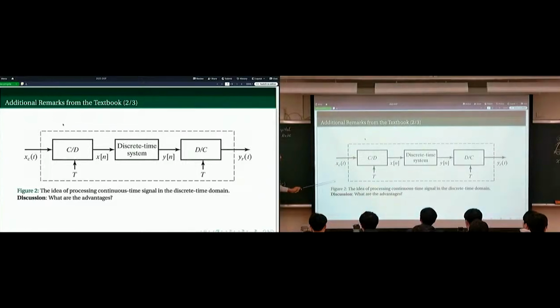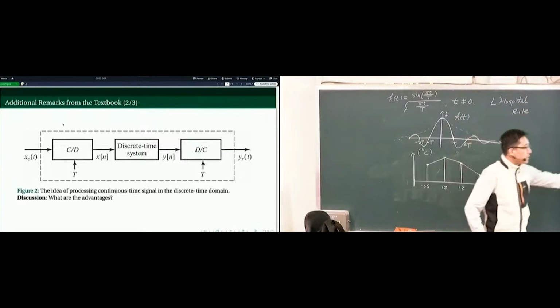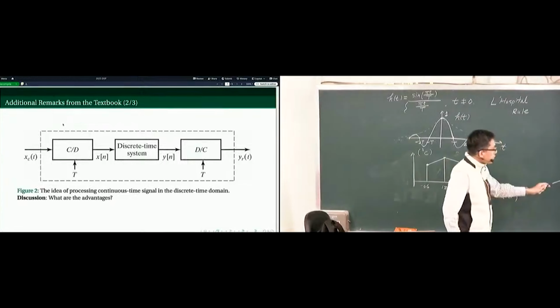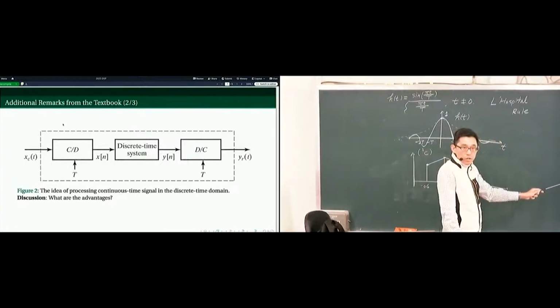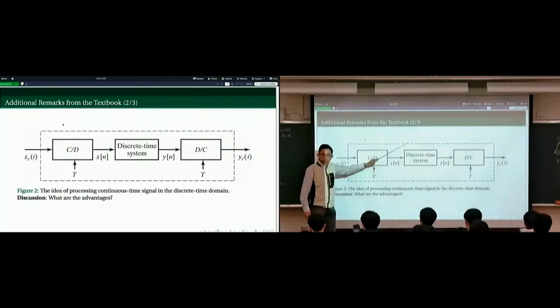So this entire plot is about processing our signal in discrete time. Any signal in the world is continuous time to begin with. But now with C to D and D to C, we will be able to do some calculation in the discrete time domain.